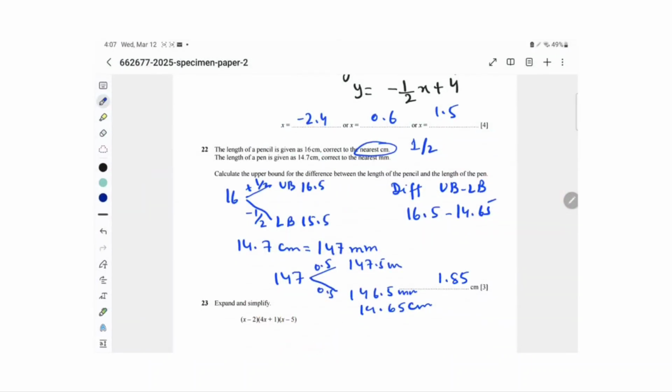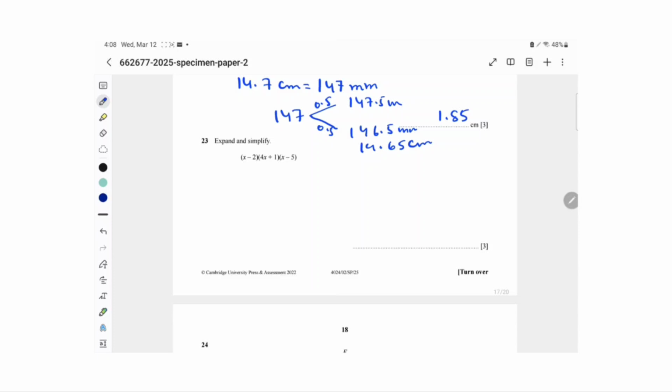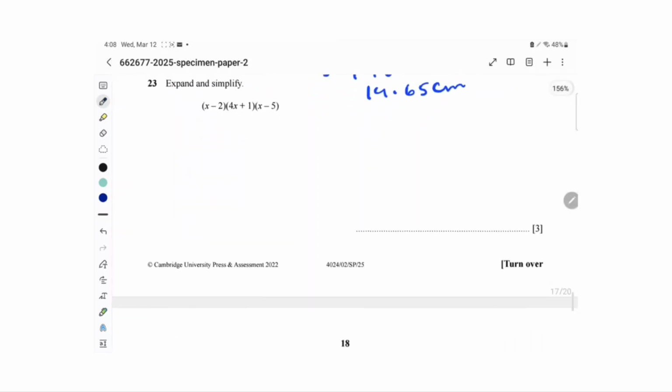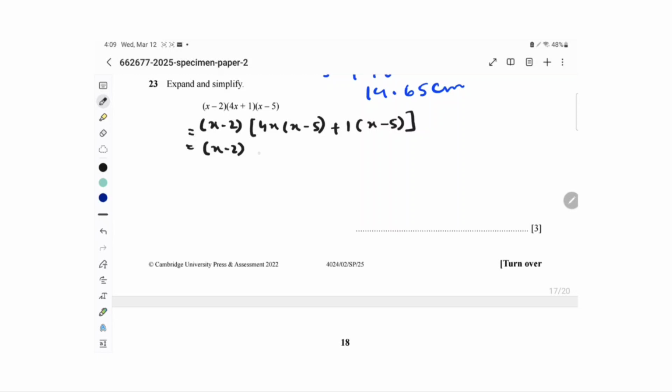The next part is expand and simplify. First of all, we will multiply the first two. So I'm going to do x minus 2 and then 4x plus 1 times x minus 5, and multiply with x minus 2. 4x square minus 20x plus x minus 5, and then x minus 2 again.